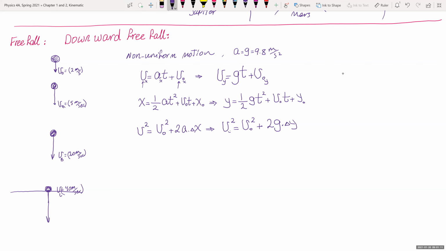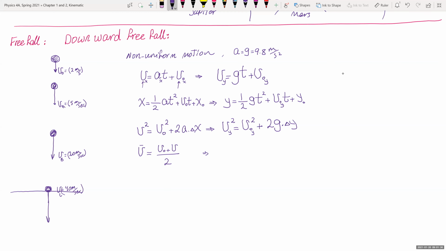Feel free to put index y for velocity if you want. And the last equation was average velocity is v naught plus v divided by 2.